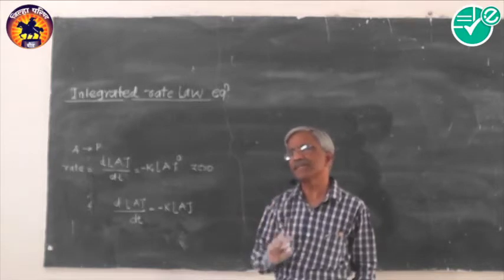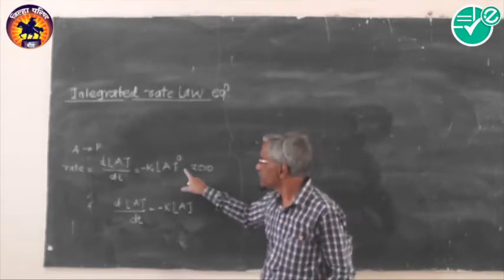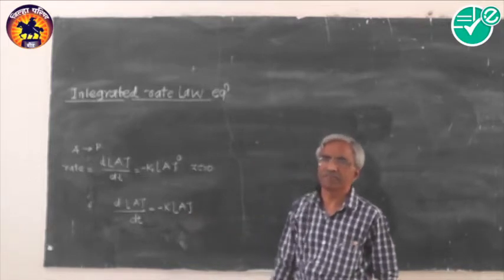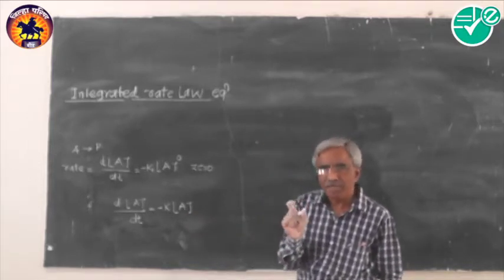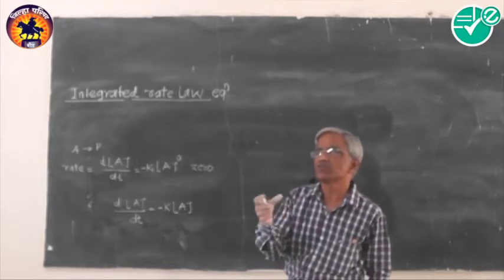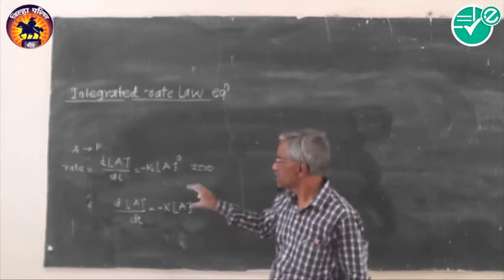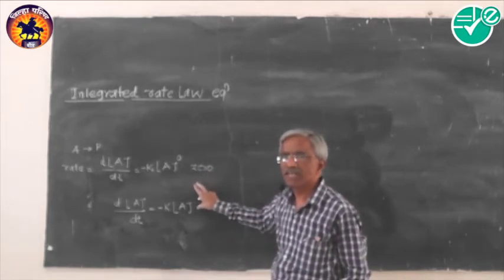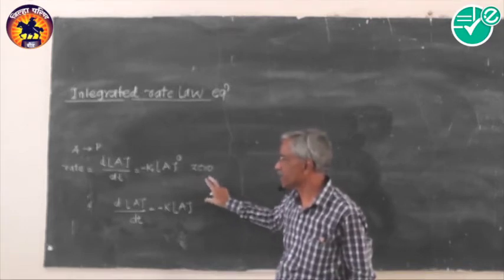Now what is the integrated rate law equation? These differential rate law equations are integrated between limits. Here limits means the changes we want to study, so we can study those changes of concentration and its rate with respect to time also.